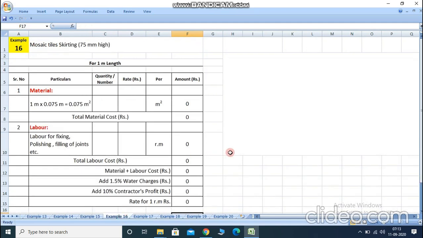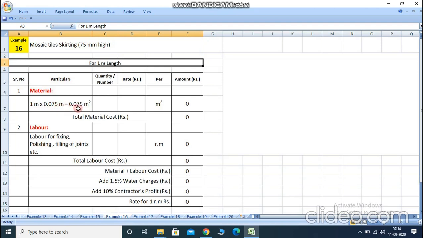Now we take another example. Next example, mosaic tiles skirting 75 mm height. For a 1 meter length, we calculate. Material required is mosaic tiles. 1 meter length, and height is given 75 mm. 75 mm converted into meter is 0.075 meter.